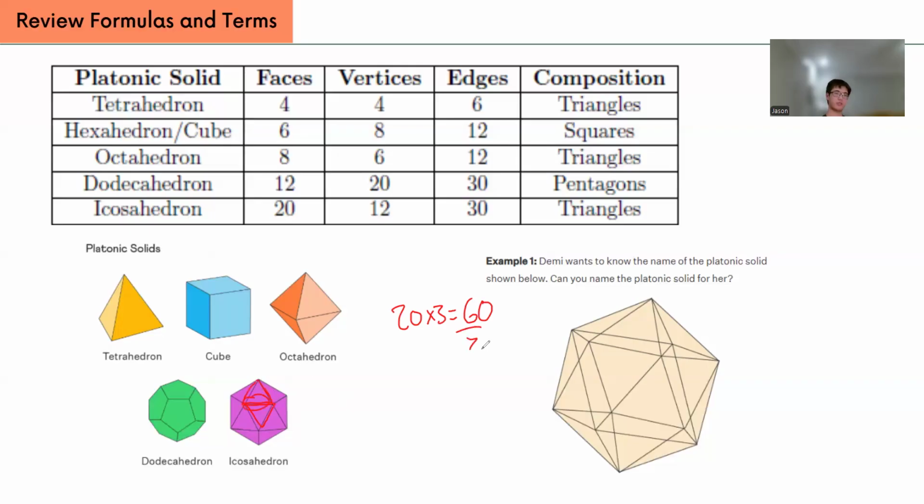So I divide by 2, which gives me 30 edges. And then I can use Euler's theorem to figure out vertices, because faces plus vertices equals edges plus 2. Also a useful formula in case you guys wanted to know. But I recommend knowing generally just what these look like.